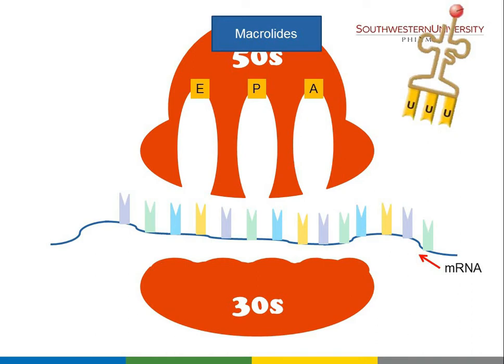So, instead of moving to form a large protein, it can't move because of macrolides. So, in this class, the peptide chain is inhibited from reading or moving along the mRNA. If they inhibit it from moving along the mRNA, then what is it going to do?